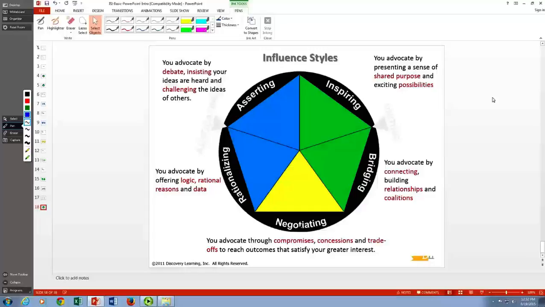And you'll understand something about the inspiring and bridging styles and how they seek to have a uniting orientation. And finally, the application of a negotiating style. Each of these has their strengths, and each of these has a shadow side. As we look at your results in the next module, we'll be able to help you think about how you can increase both your skill and the range of your styles.